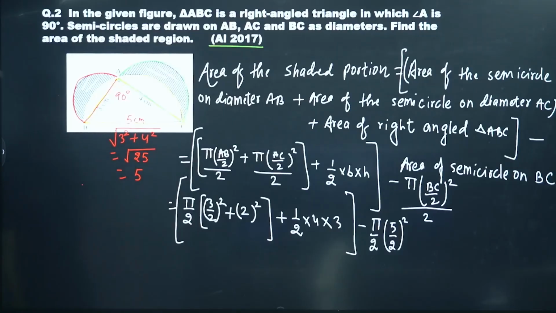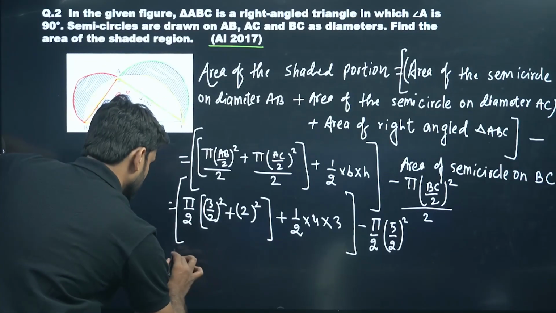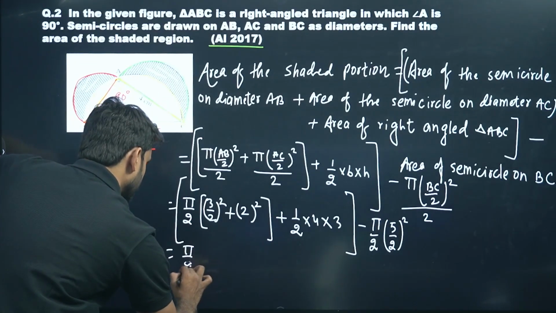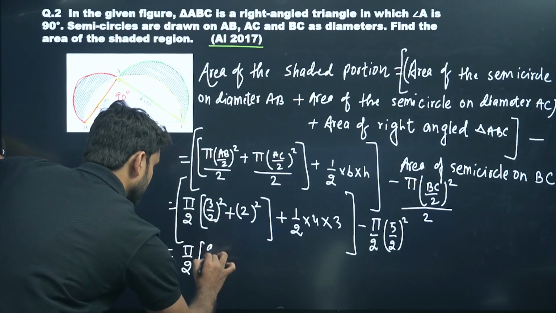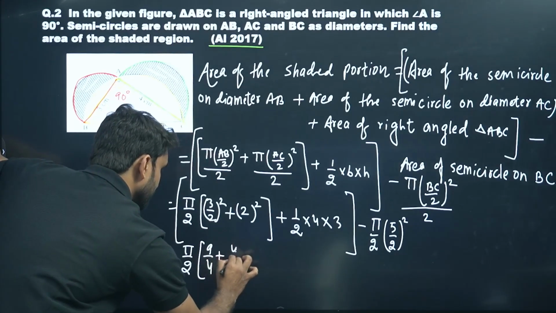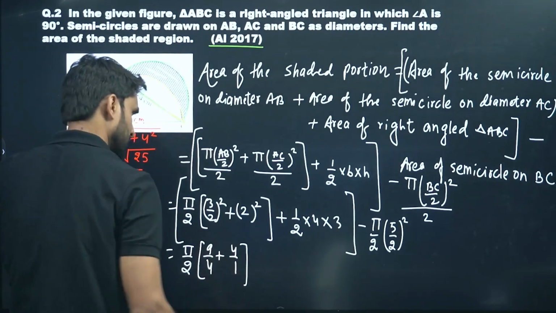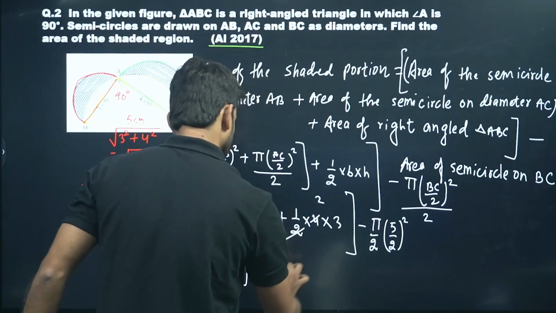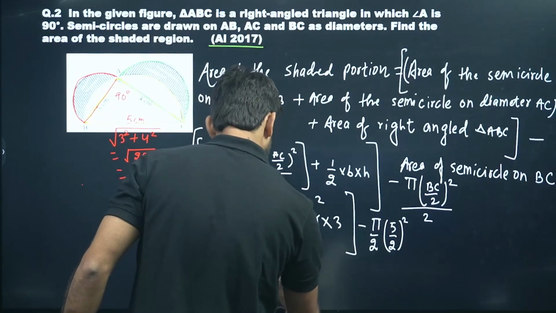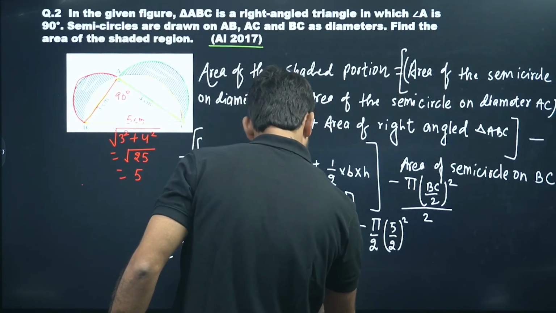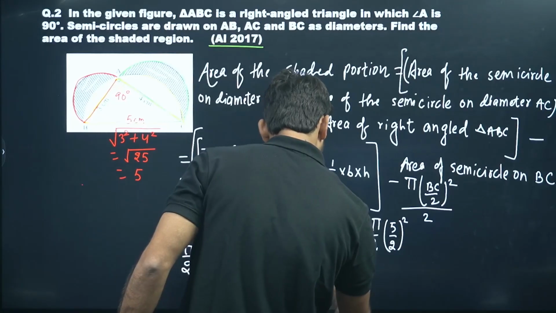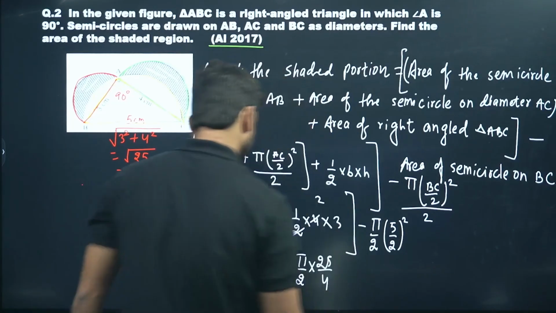Okay, so there is calculation here. So pi by 2, and this will be 9 by 4 plus 4, and this will be 6, minus pi by 2, and this will be 25 by 4.